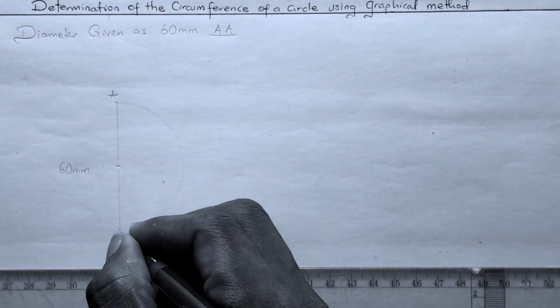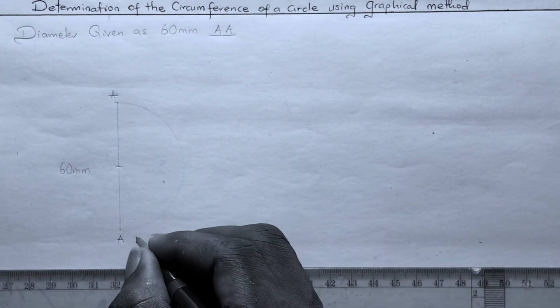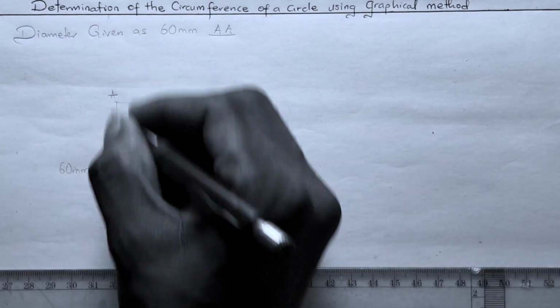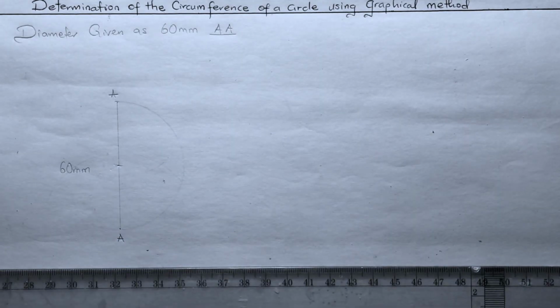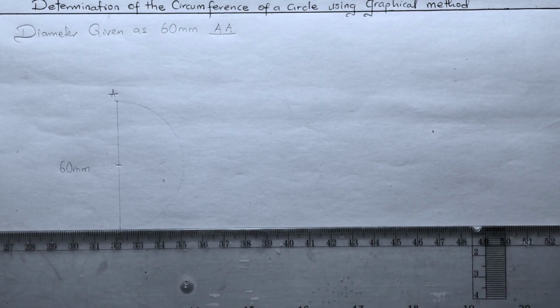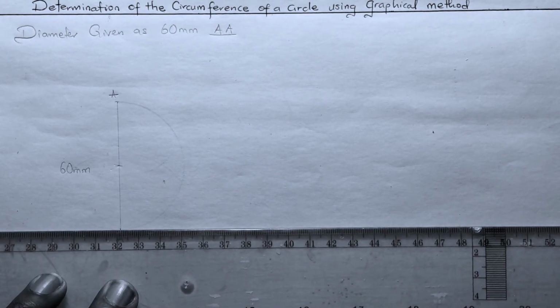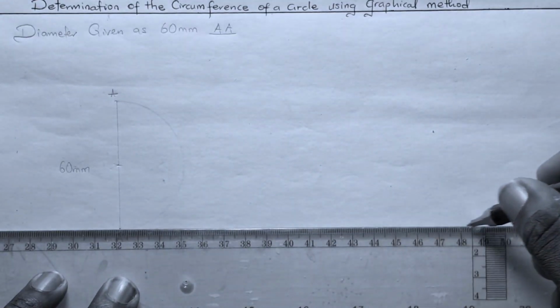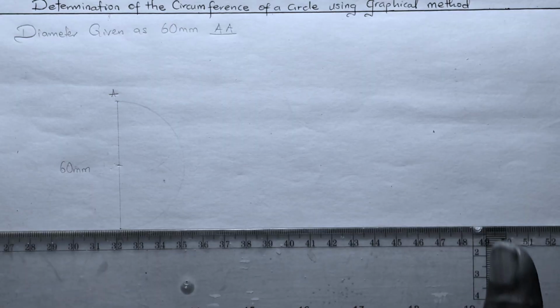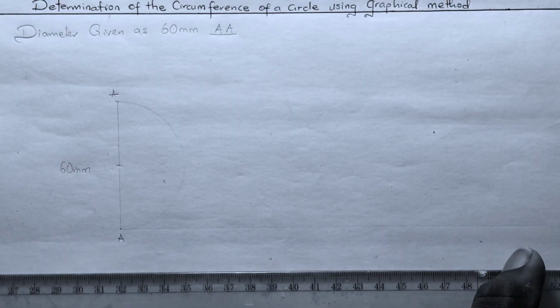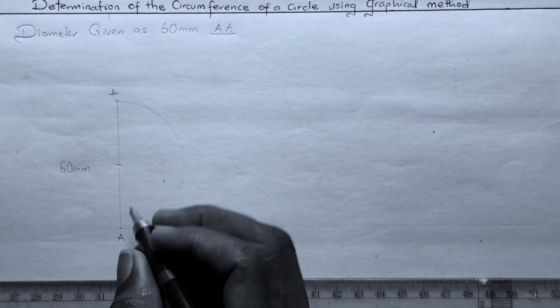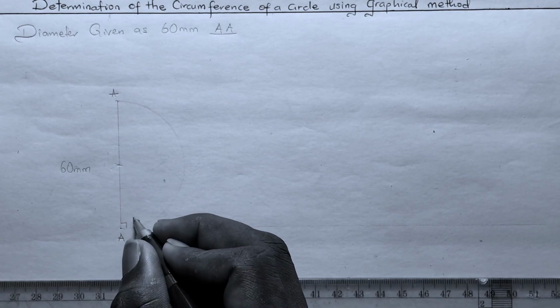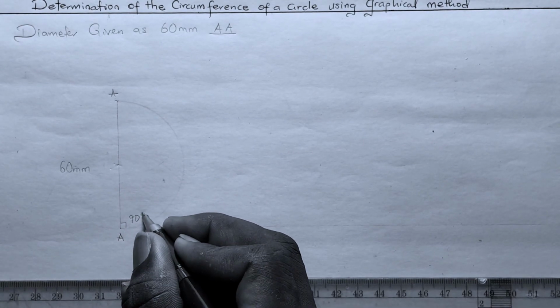We are to draw a line which is perpendicular at 90 degrees to this point AA. Doing that, we are going to be making use of our T-scale. From this point, we draw our perpendicular line extensively. So we have an angle of 90 degrees at this point.